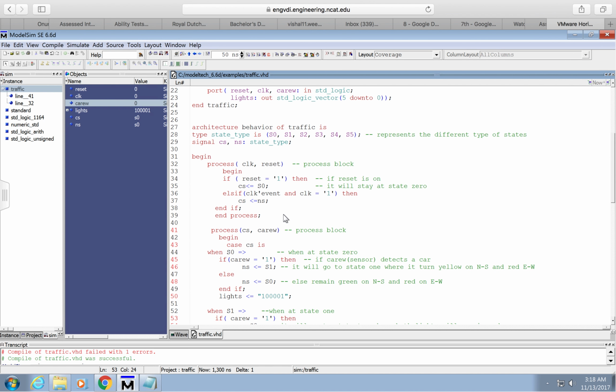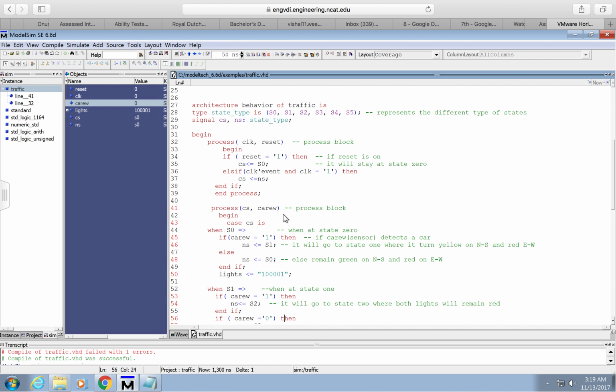As you saw in the state diagram, when I'm at state 0, if the car on the east and west detects a car, it goes to state 1, where it would turn yellow on the north and south and red on east and west.